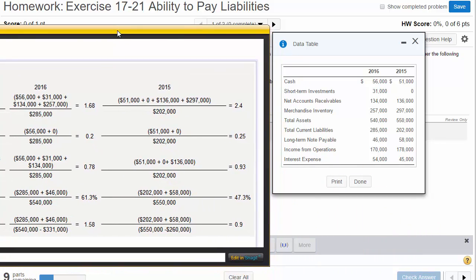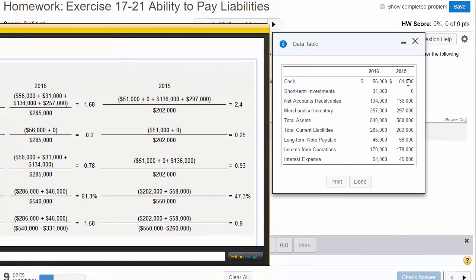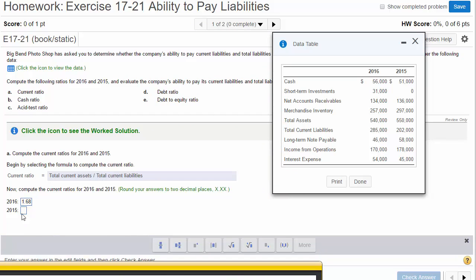And then for 2015, we have the 51,000 cash, 0 short-term investments, 136,000 net AR, and $297,000 of inventory on top, and then divided by $202,000 of current liabilities gives you a ratio of 2.4.